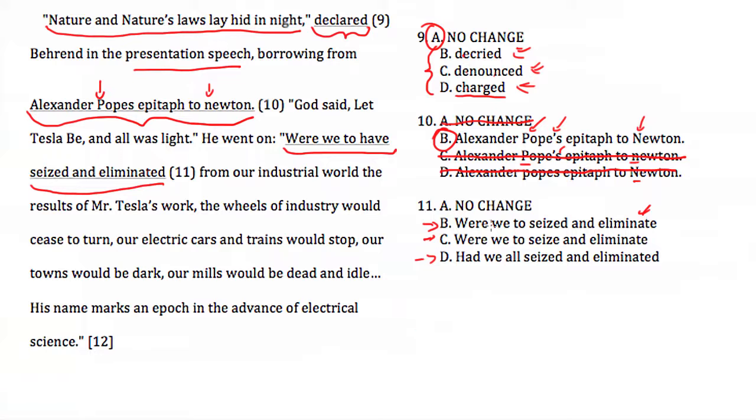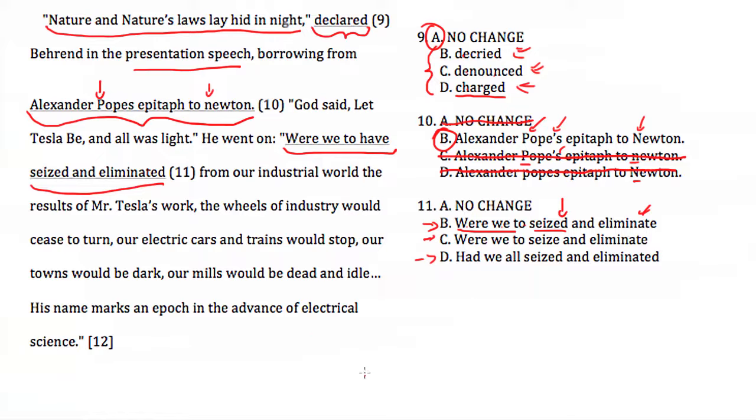Well, let's try replacing these three lines with what's already there. Were we to seize and eliminate from our industrial world the results of Mr. Tesla's work, the wheels of industry would cease to turn, our electric cars and trains would stop, our towns would be dark, our mills would be dead and idle. I don't like that. And the problem is, were we to seized? This is all present tense, and this is past tense.